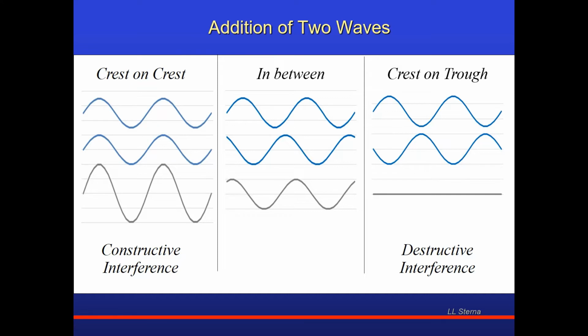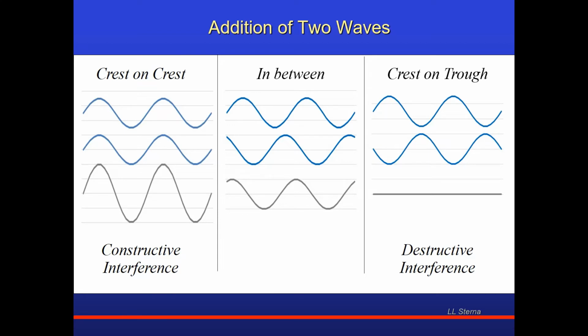If these are light waves coming together, constructive interference is going to be brighter. The destructive, it would be dark. Okay. Now, one other point.